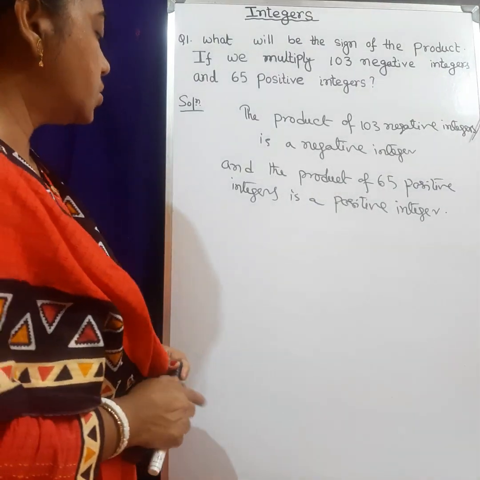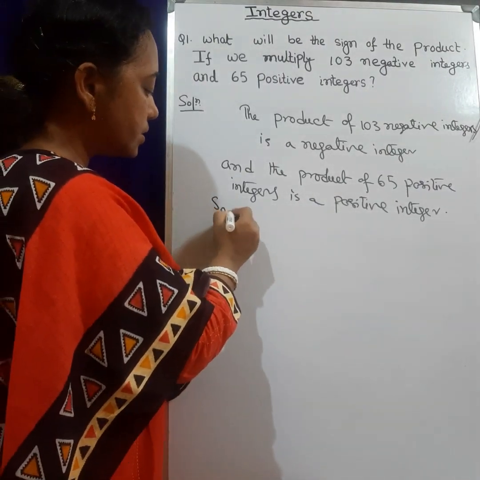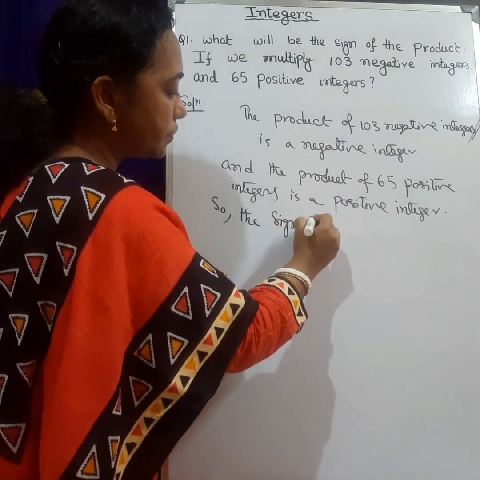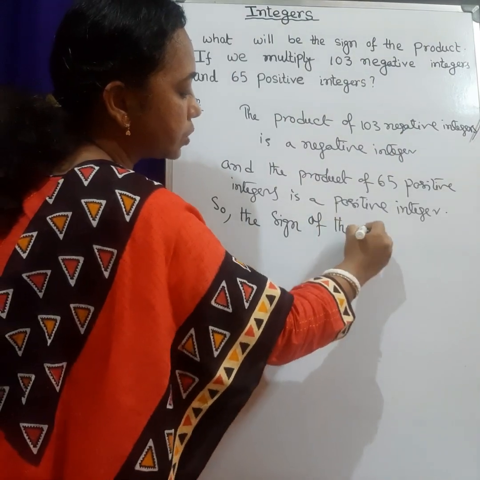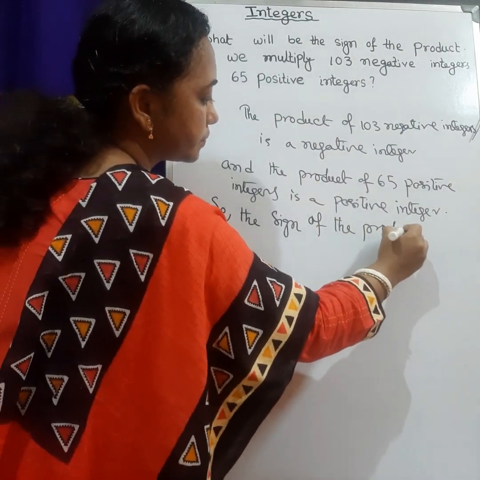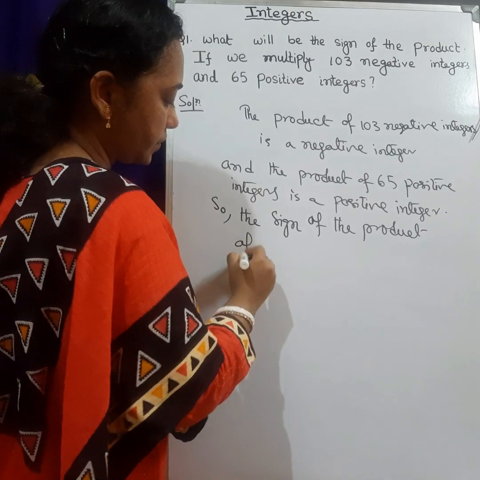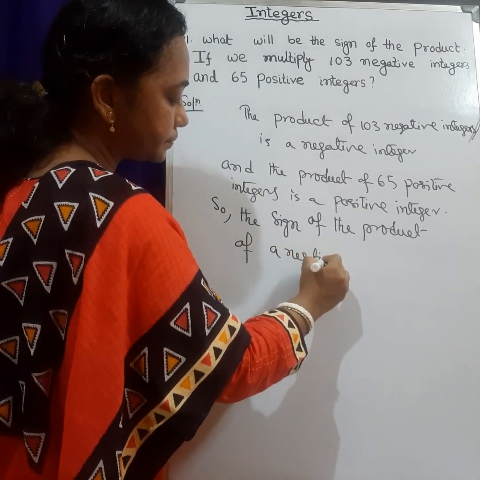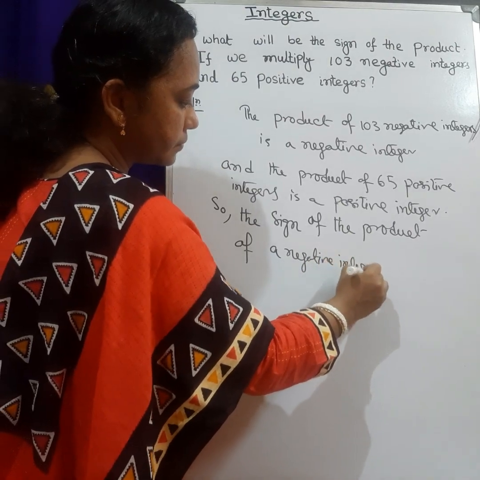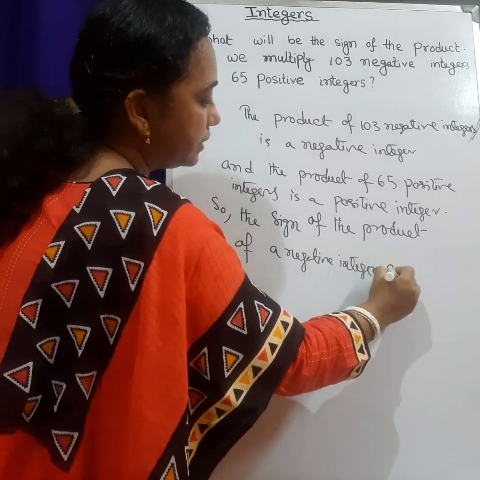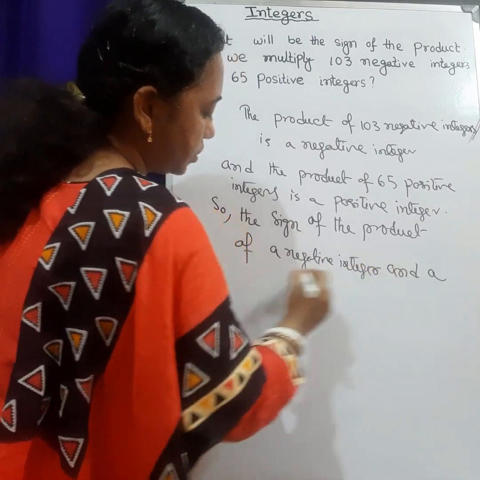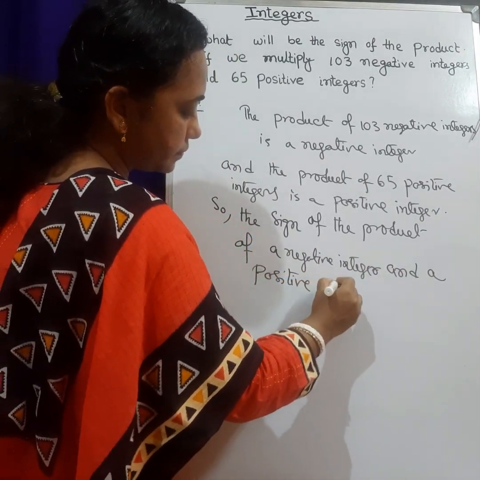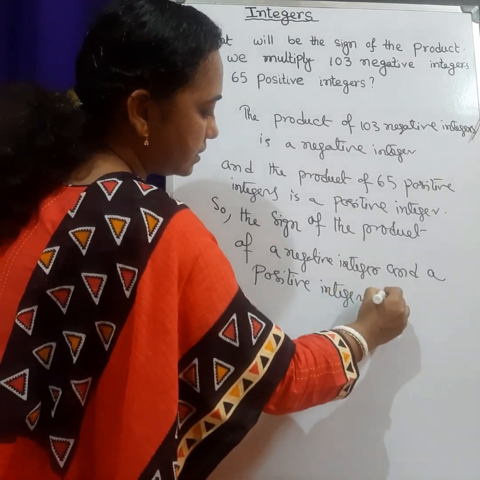Since the product of 103 negative integers is a negative integer and the product of 65 positive integers is a positive integer, we can write, the sign of the product of a negative integer and a positive integer is what?